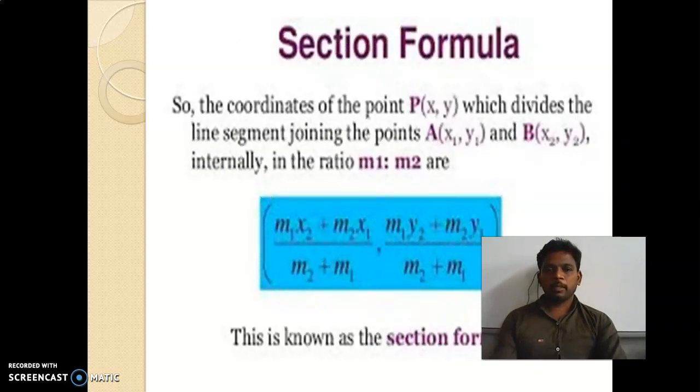The next formula is the section formula. Its application is that we can find the point which divides any line segment in a given ratio, or if you want to find the ratio in which a point divides the line segment, we can use this formula.